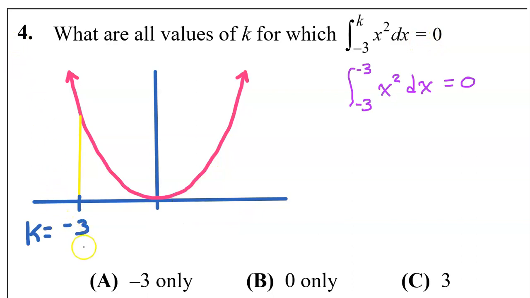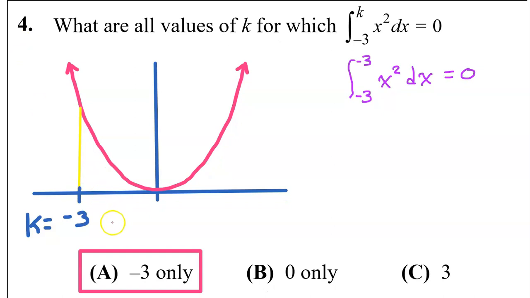The only way to get 0 area is to let k equal -3. That way, we are now talking about the integral of x squared from -3 to -3. This will have a 0 area because there is no space between -3 and itself. So this is a way to figure out that the answer is A without necessarily doing any work.